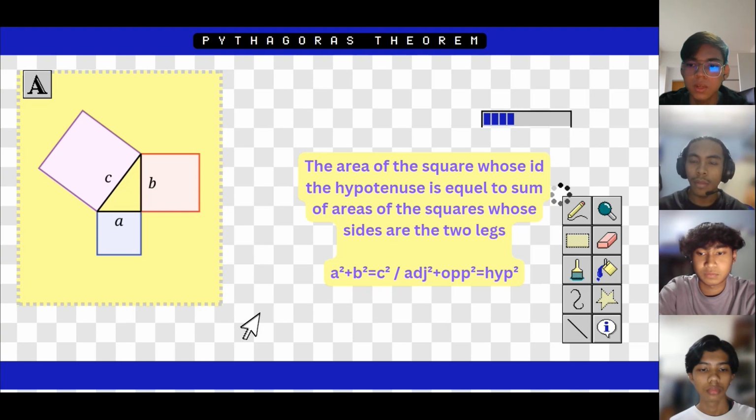It says that the square on the hypotenuse is equal to the sum of the squares on the other two sides. That sounds rather complicated, but it is actually quite a simple concept when we see it in a diagram. Pythagoras' theorem demonstrates that the square on the hypotenuse is equal to the sum of the squares on the other two sides of the right angle triangle. A squared plus B squared equals C squared.